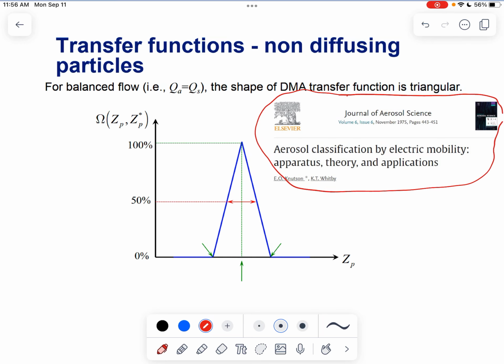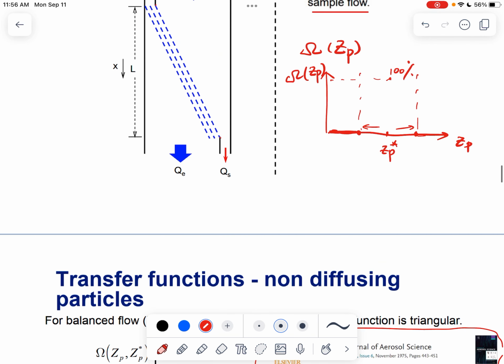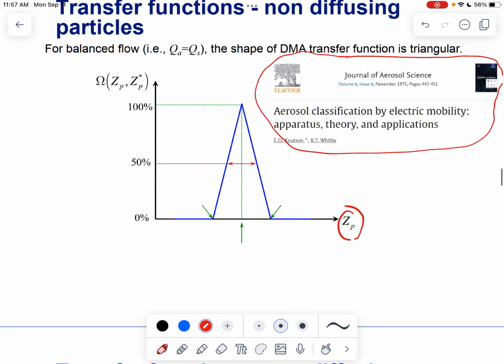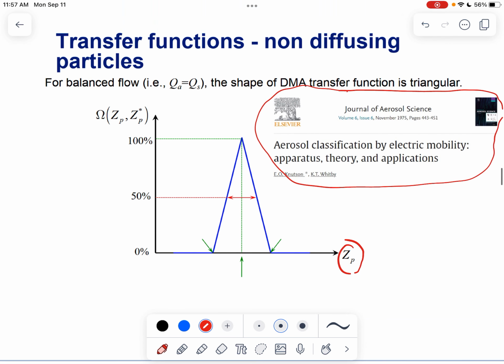What about in between? Okay, so again, I'm just asking you to refer to the Newson and Whitby paper. So basically, the transfer function of the DMA is going to have a triangular shape. There's going to be a linear decrease of the probability as a function of the mobility.